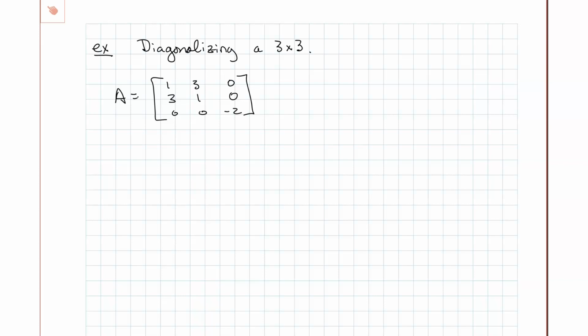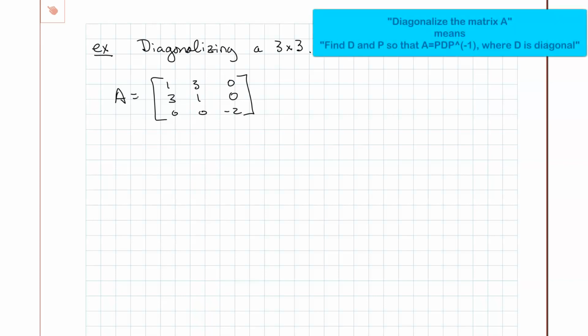So the matrix is bigger than the 2x2 that we saw in the last example, but the steps for finding the diagonalization are still the same. Step 1 is find the eigenvalues. Step 2 is to find corresponding eigenvectors, remembering that they have to be linearly independent.